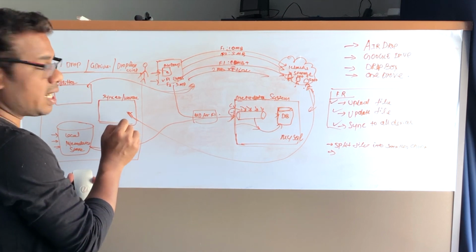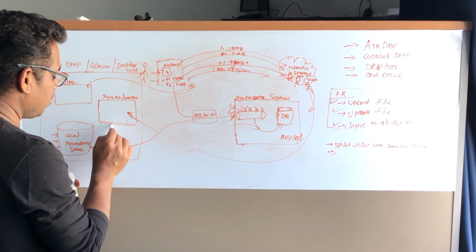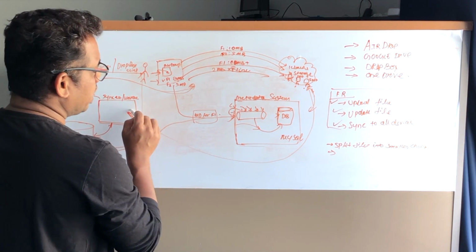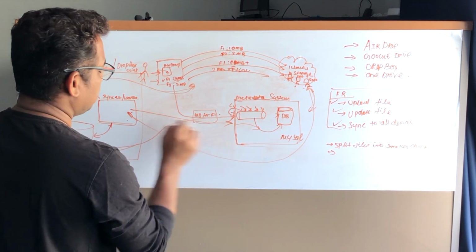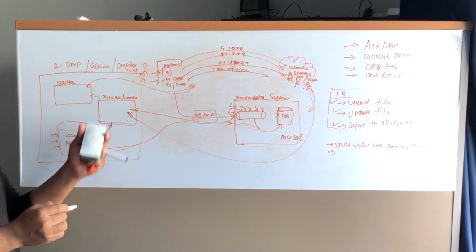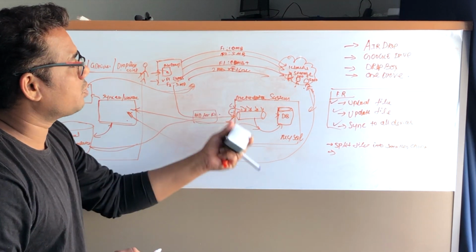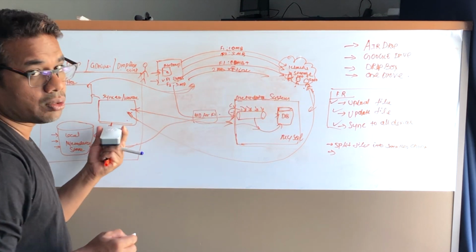To sync, it will always keep referring to the local database, or it can directly talk to the metadata system, right? The metadata system gives the file information for whatever file is being synced to the local device.